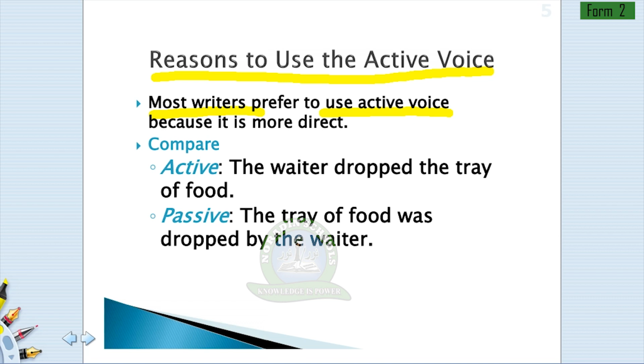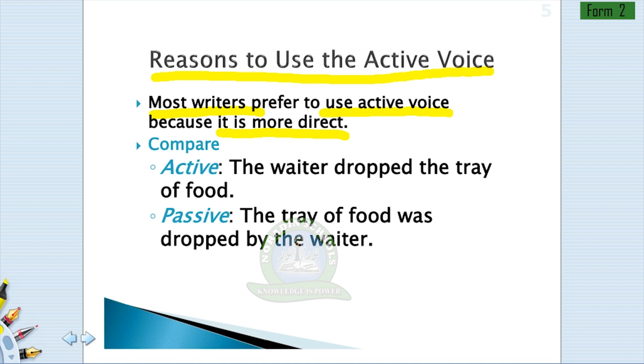Why do they like it? Because it's more direct, it is straightforward, every person can understand. When you are writing something, you have to keep in mind your audience, the person who will read your writing. So you have to think that everything will go straightforward. So they use active voice.